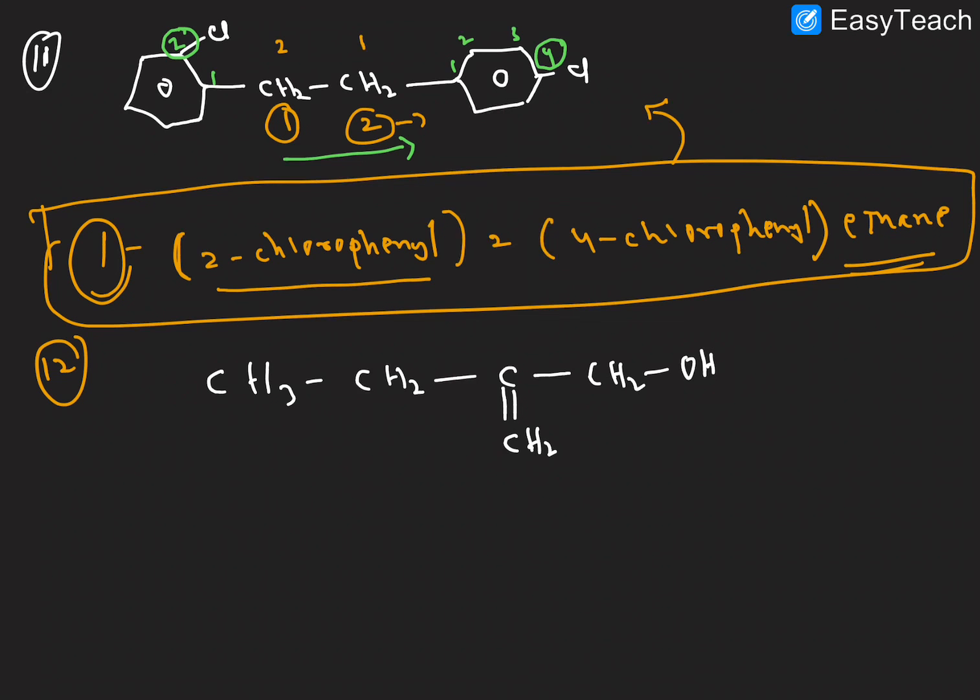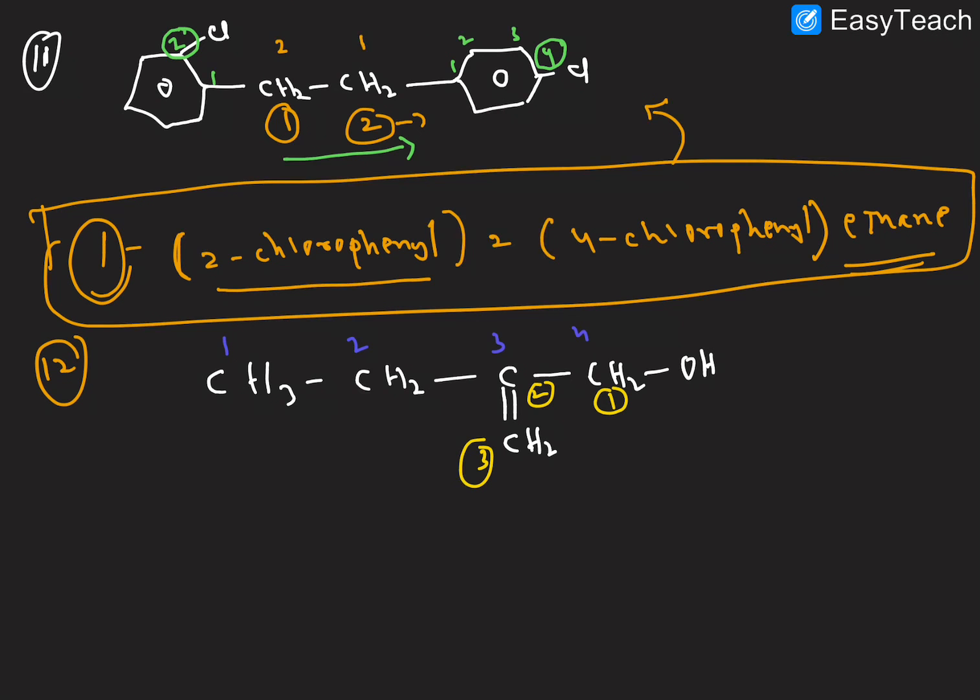According to the IUPAC rule, we have to select the long chain. Here this is the long chain, 1 2 3 4. But here this is 1 2 3, this is the parent chain. Why here?